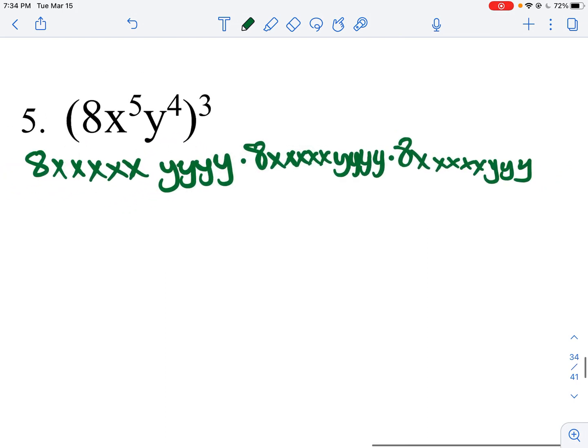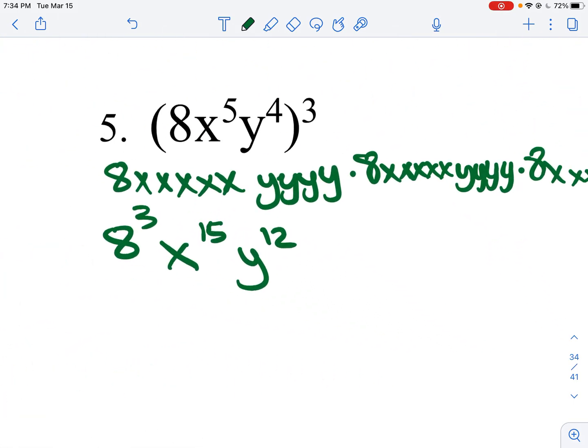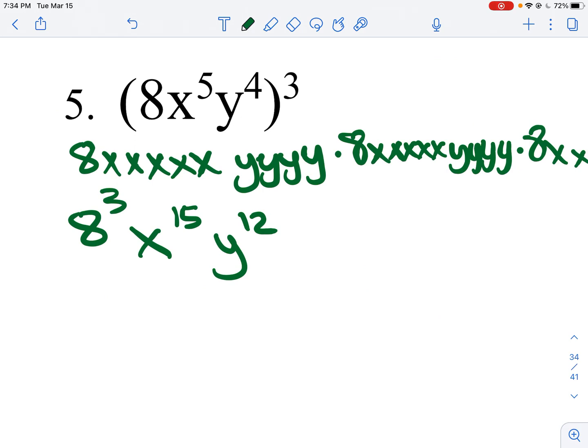Okay, how many 8s are there? There are 3 8s. How many x's are there? There are 15. How many y's are there? There are 12. Now, does this say to write this? No. Now, you could write this as, let's see, 64 times 8 would get 512.